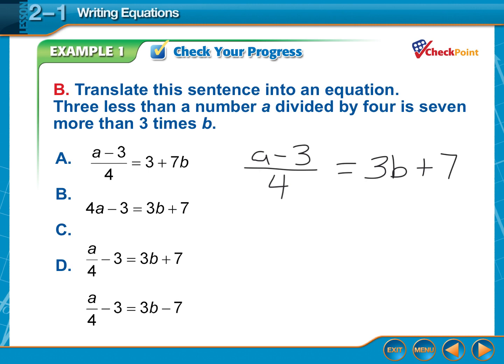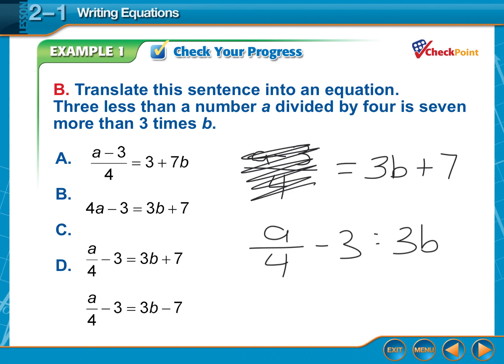So which one did you guys get? You wrote it different. No, because you have to divide. You would not put the a with the minus 3. 3 less than a number a divided by 4. A over 4 minus 3, not a minus 3. Yep, you guys should have corrected me. So a over 4 minus 3 equals 3b plus 7. Nice job.